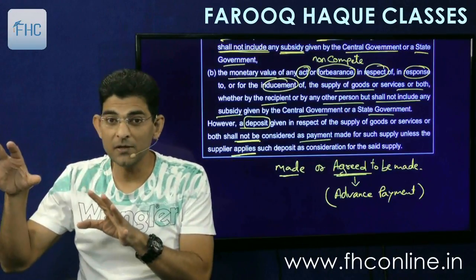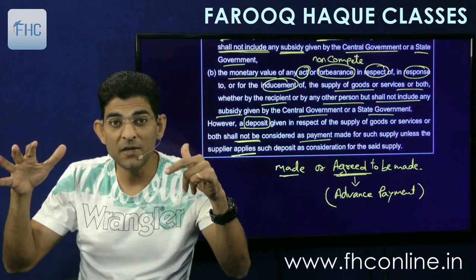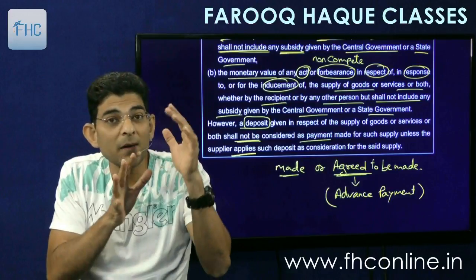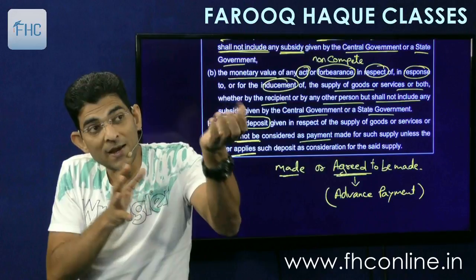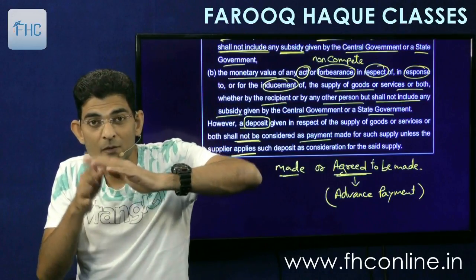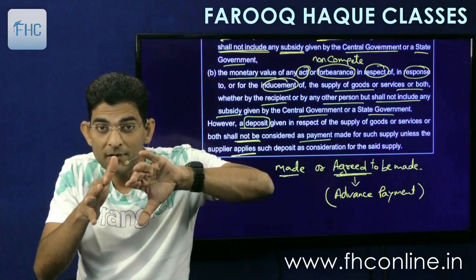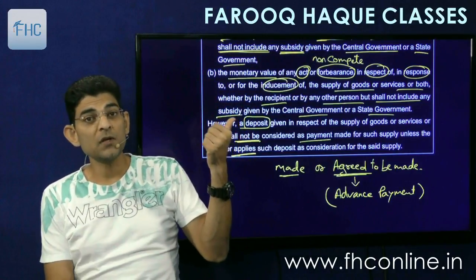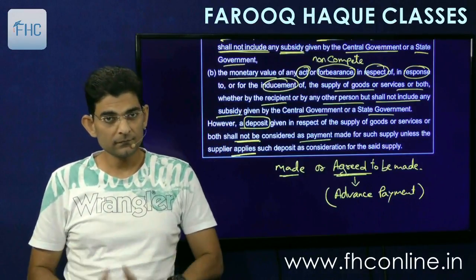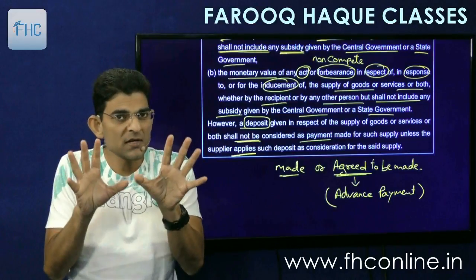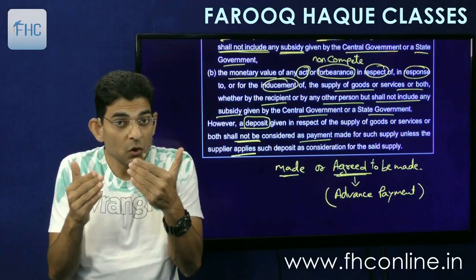And then someday the car will come and I'll call you up and say that look, your car is ready. Now you bring the remaining amount and take your car. So at that point of time, what I'm doing is I'm applying your deposit of 5,000 against supply. Now the car is ready, I'm supplying it to you and I'm adjusting your deposit against the supply. So when I took the deposit from you, it will not be called as consideration. Remember, just a deposit is not consideration because there is no contract for supply of goods or service.